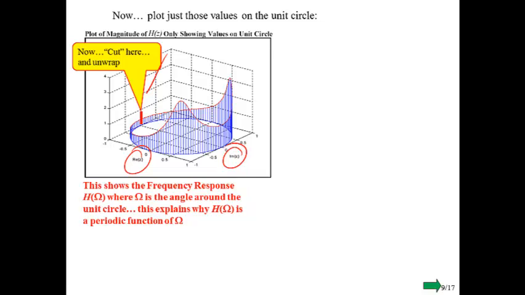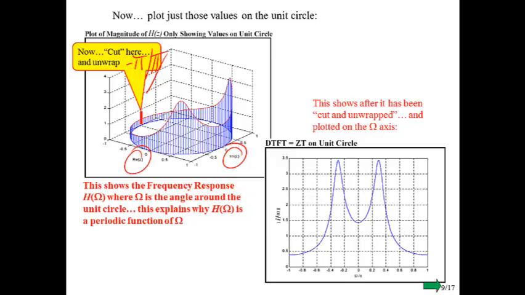That's at the minus pi point. We're going to cut right there, and then we're going to unwrap it. So it's sort of like, you've gone to Burger King. You've got the Burger King crown. They give it to you lying flat, and you have to put it together to put it on your head. We're doing the opposite. We're taking the Burger King crown, taking it apart, and unfolding it.